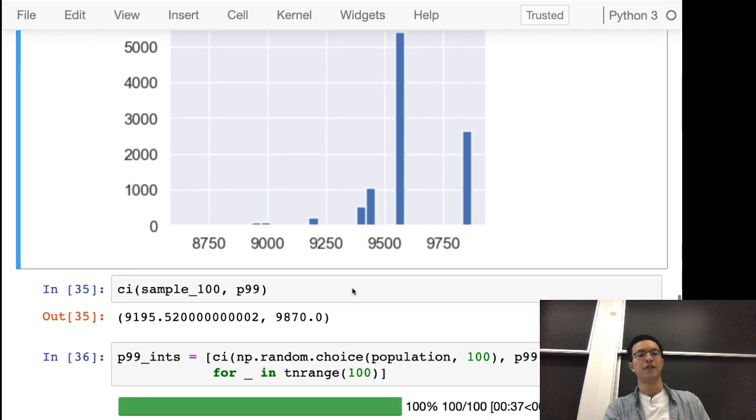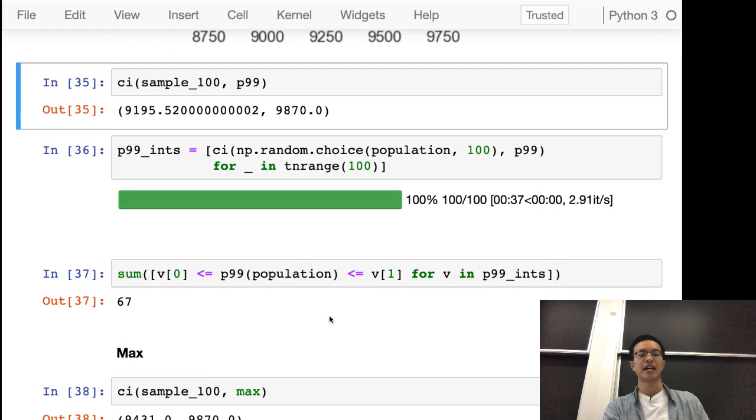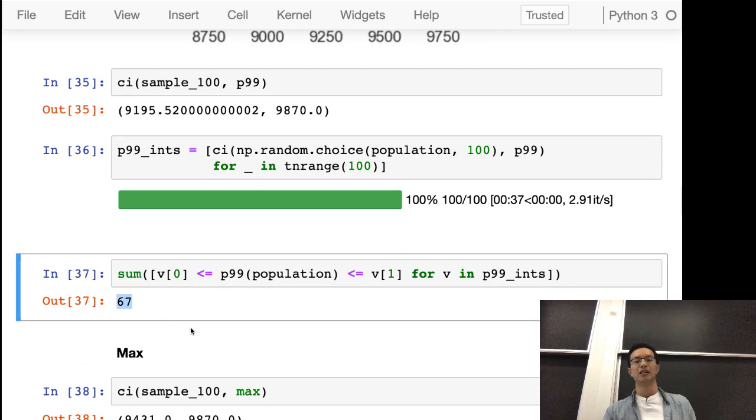So if I make a confidence interval, it turns out that that confidence interval will not contain the population parameter most of the time. Here I have 100 confidence intervals, but only 67 of them actually had the population's 99th percentile. So it turns out that the bootstrap is really good, but not always great.